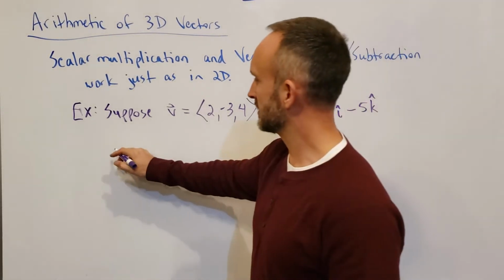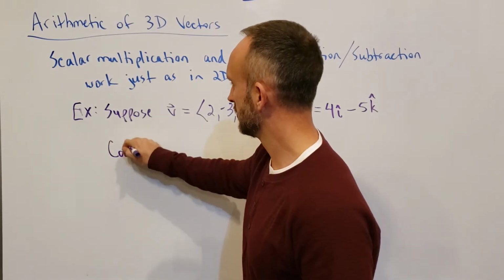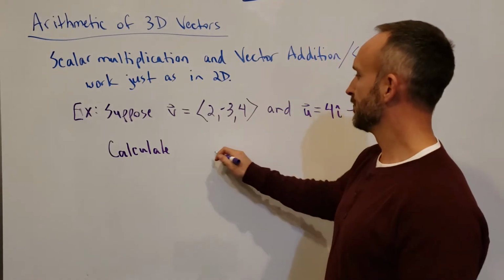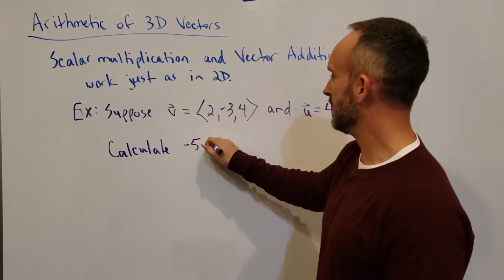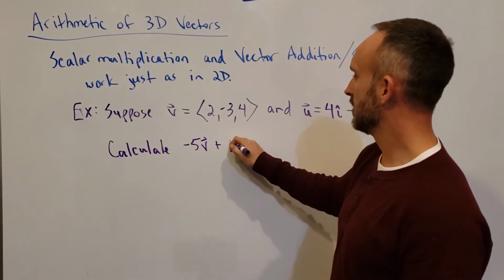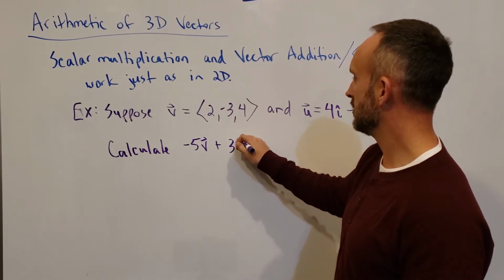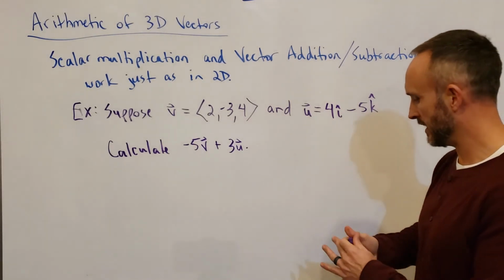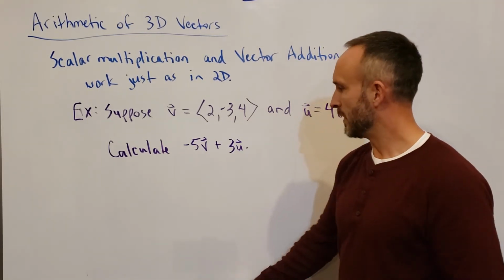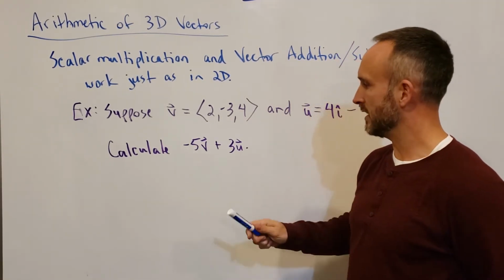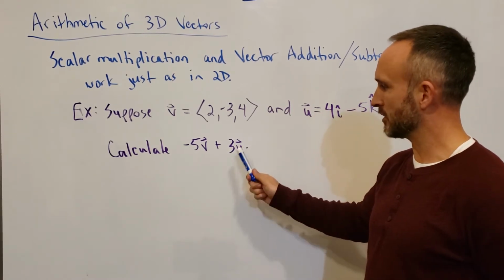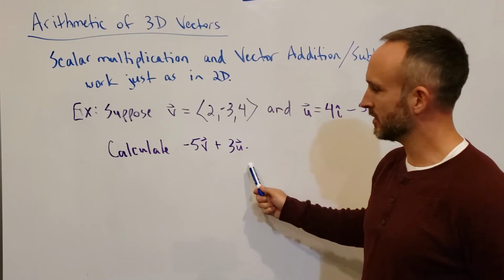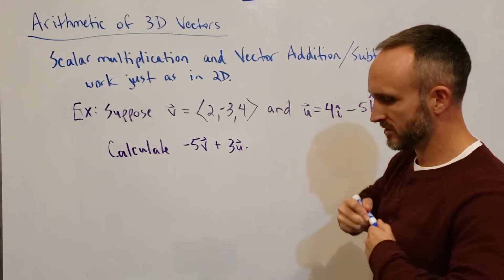So let's calculate -5v plus 3u, all right? -5v plus 3u. So we have scalar multiplication by vector v, scalar multiplication by a vector u. Each of those will result in a vector, a 3D vector, and then we'll add those two vectors together.